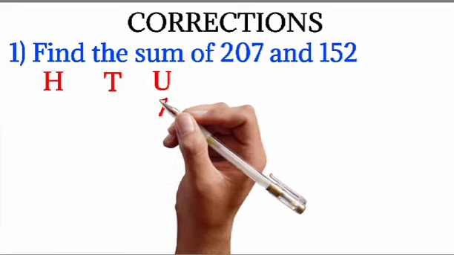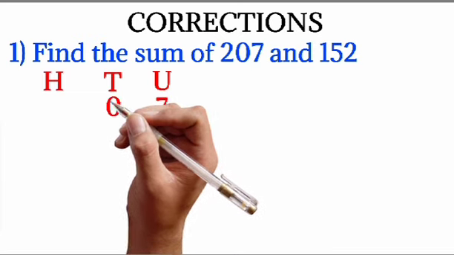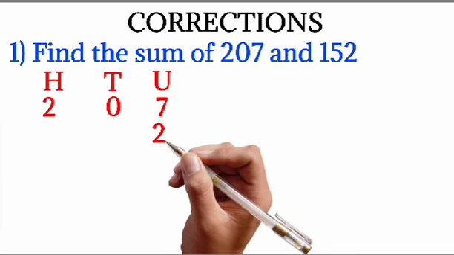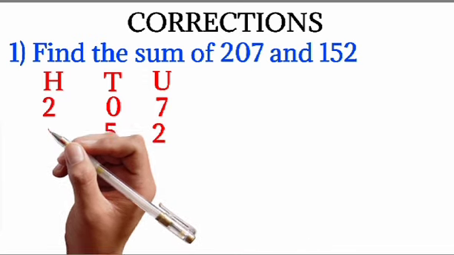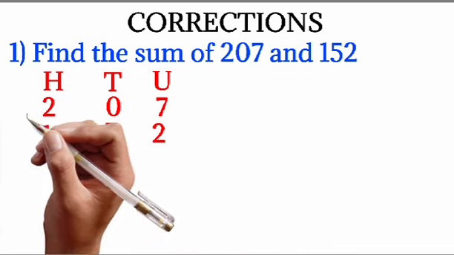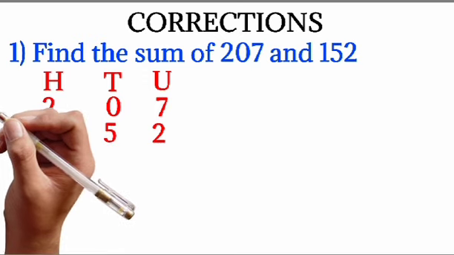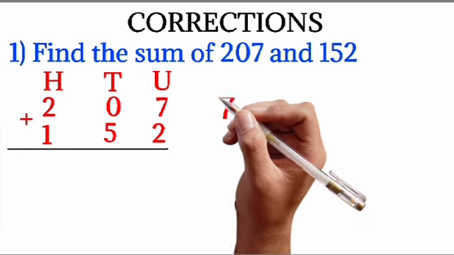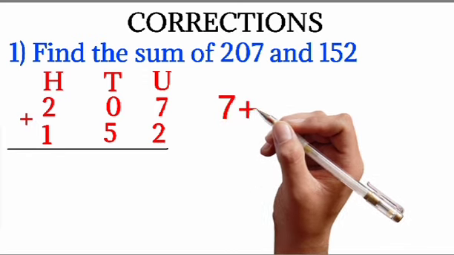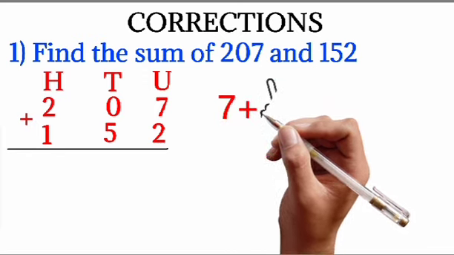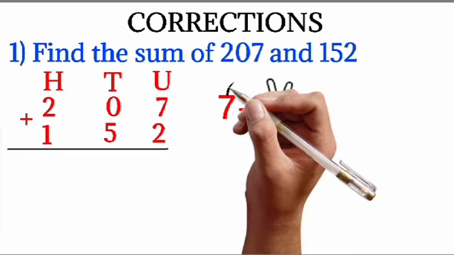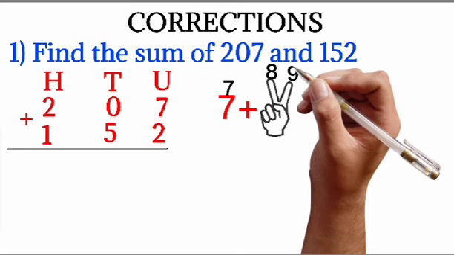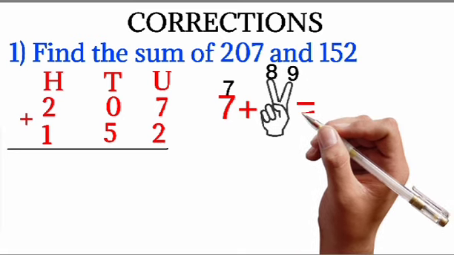Our 7 is under our units, our 0 is under our tens, and our 2 is under our 100. So also the 2 is under your units, the 5 is under your tens, the 1 is under your 100. So you start the bigger number in your head. Remember that. 7 in my head, 2 on my finger, counting forward. 7, 8, 9. My answer is 9.